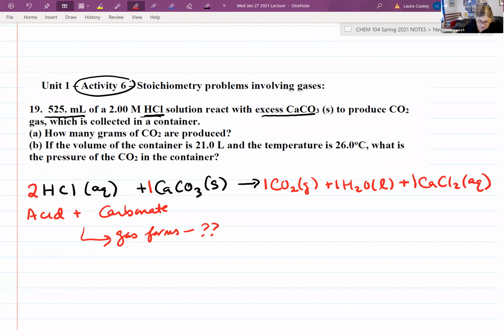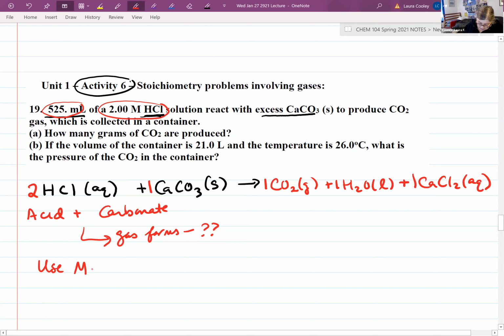All right, so now you're given the amount of HCl that reacts in the form of a solution, and you're given the molarity and the volume. So you could use the molarity and the volume of the HCl solution to get the moles of HCl, okay?